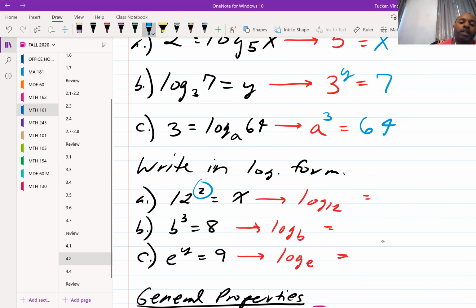And so 2 is next to the 12 in exponential form. That means x will be next to the 12 in my log form, and then the 2 will be on the other side. B cubed equal to 8, so that's log base b of 8 equal to 3.